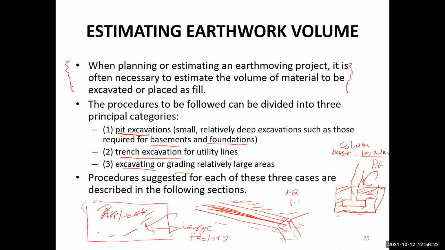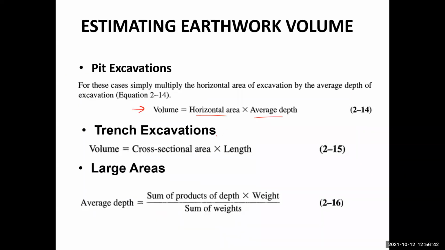So we can have an excavation of 1.2 meter by 1.2 meter. So 1.2 meter by 1.2 meter will be the base area. And then how deep we have to excavate, that will be the depth of the excavation. So average depth and the horizontal area.